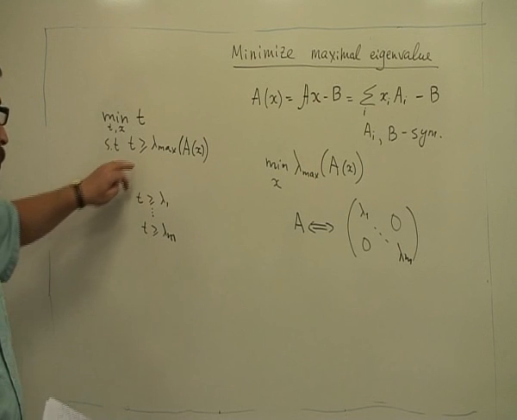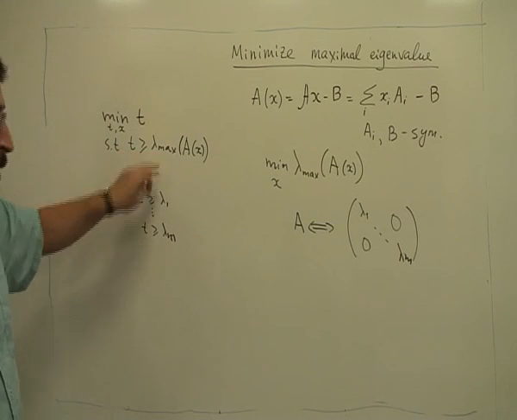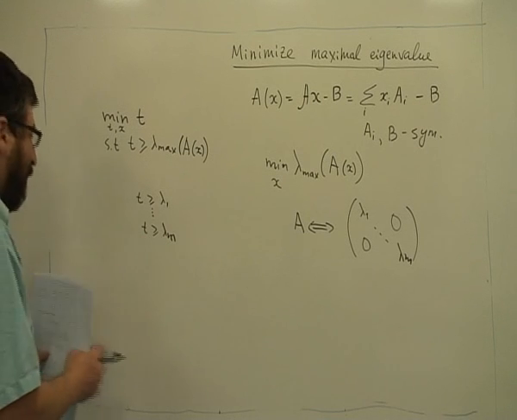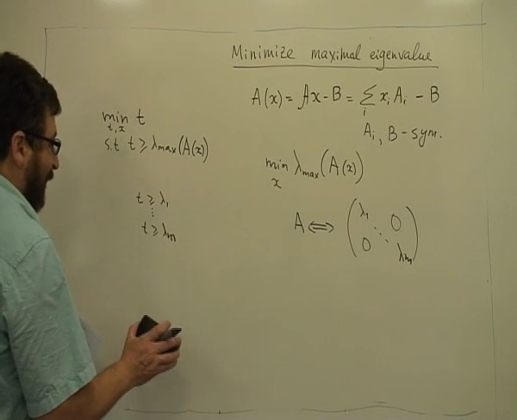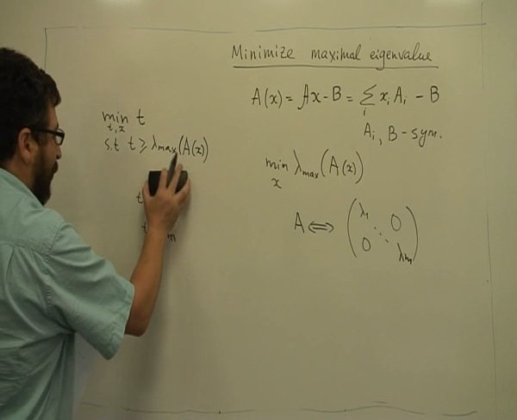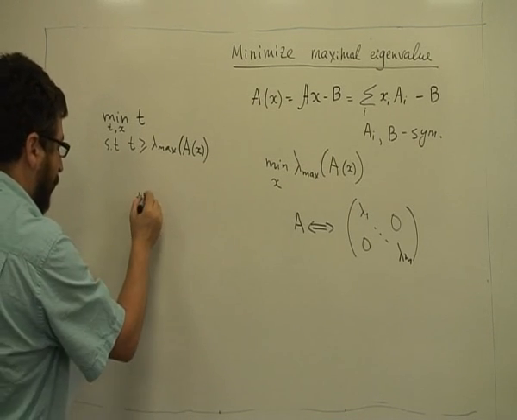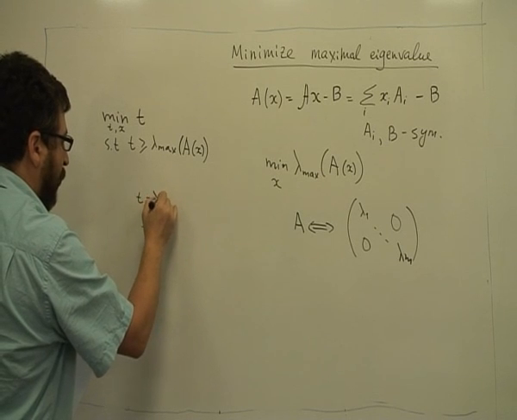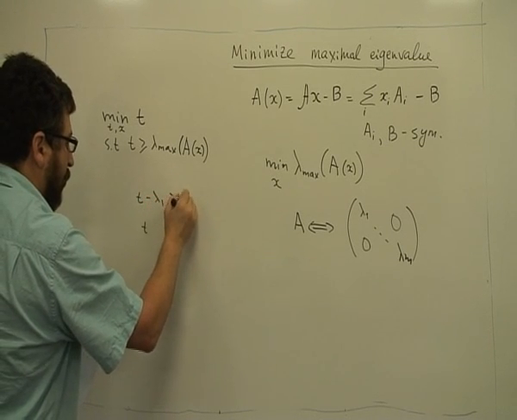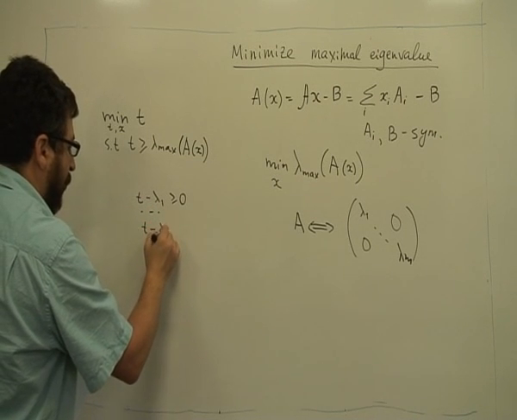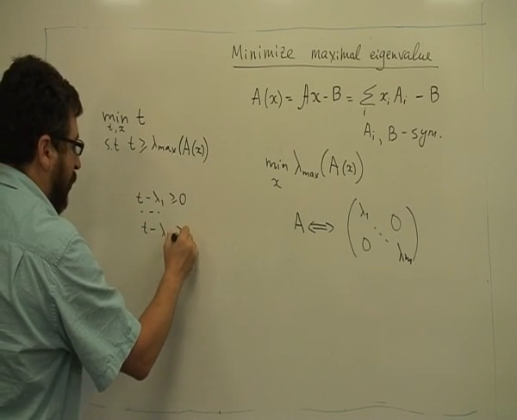Yes, if it's larger than lambda max, it must be larger or equal than any of the lambdas. And even better, I will write it instead as t minus lambda 1 is greater or equal to 0, and so on, t minus lambda m greater or equal to 0.